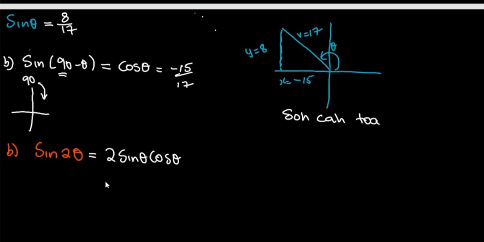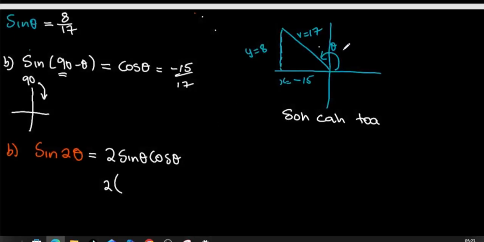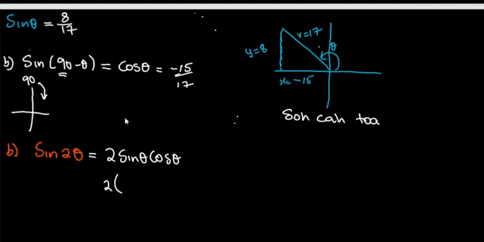So we have 2. We need to find the sine of theta. Don't stress, because already we know what the sine of theta is, because it's 8 over 17. You still remember from the first question, that will be 8 over 17 times the cos of theta. We already know what the cos of theta is.